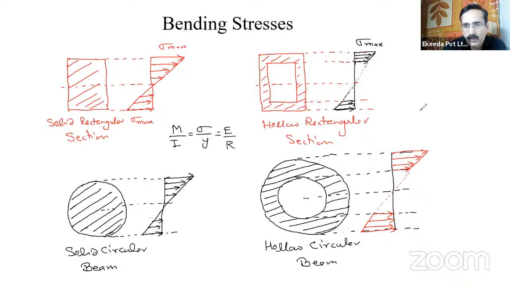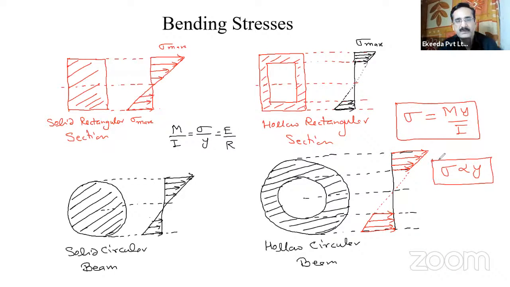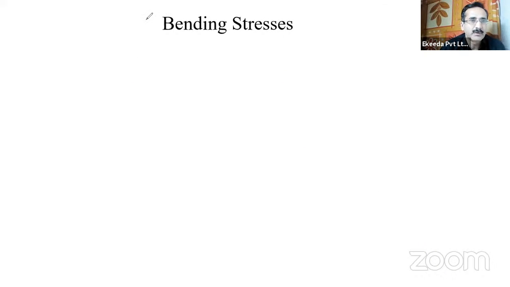And you can see here in all, the stress is linearly varying based on this equation M by I, right? So this is the equation and the stress is proportional to y, right? So this is the basic concept. Now in this equation we want M and I. That is important. We have to find out M and I. So we have to find out the bending moment now.